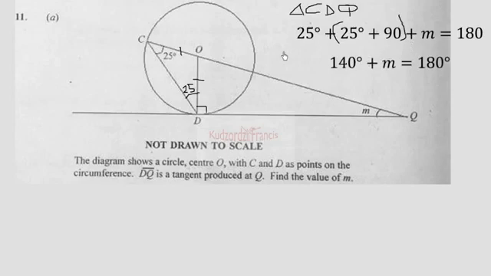Now if you add this and this, 25 and 25 we get 50, plus 90 is 140, plus M equals 180 degrees. M would therefore be equal to 180 minus 140, which is equal to 40 degrees.